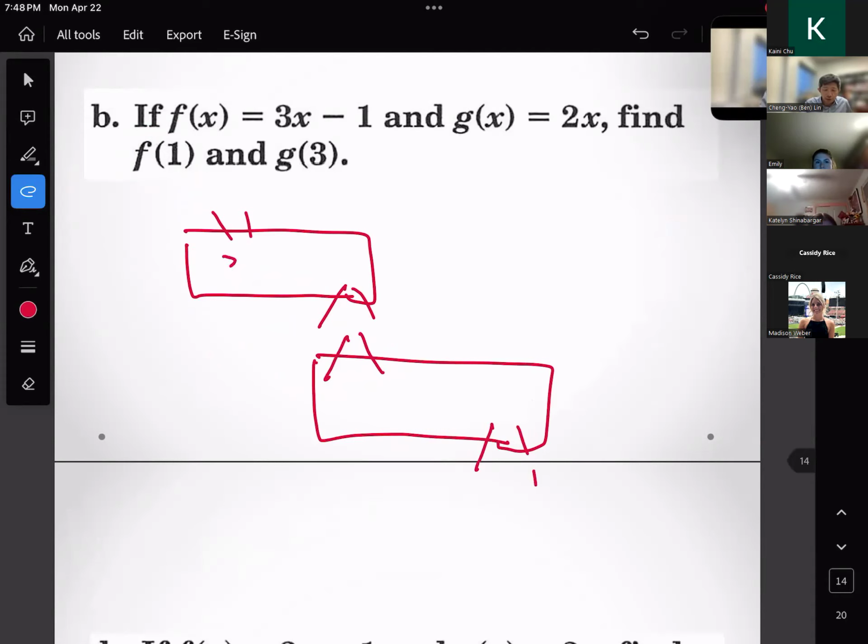And this is 3x minus 1, and this is 2x. Can anybody tell me, if I have an input there? I connect the function machine f of x to the other function machine g of x. If I put in 1, what happens? What's the output?